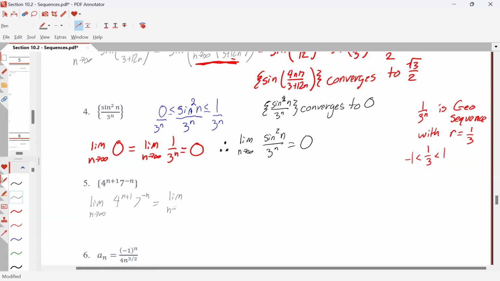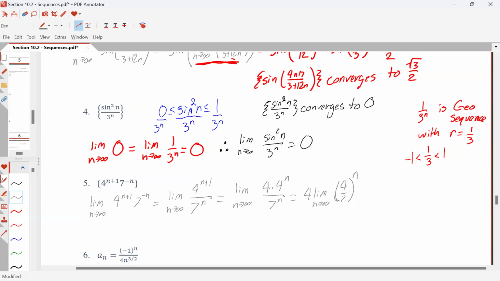So limit as n goes to infinity of 4 to the n plus 1 all over 7 to the n. 4 to the n plus 1 means 4 times 4 to the n, because we can add exponents together. So last rewrite, this 4, because it doesn't have any n's, can be pulled out front. And we're looking at the limit as n goes to infinity of 4/7 to the n.